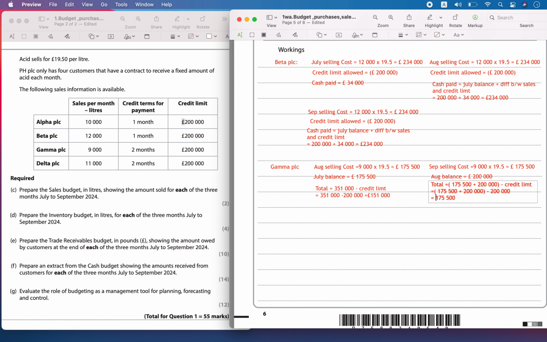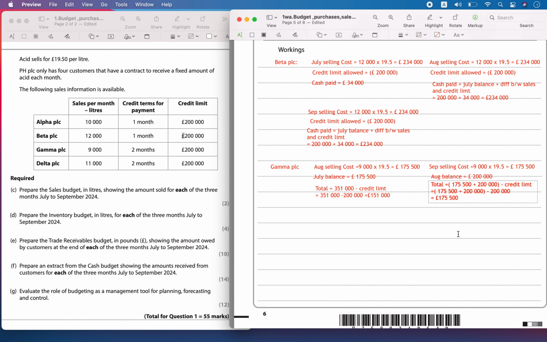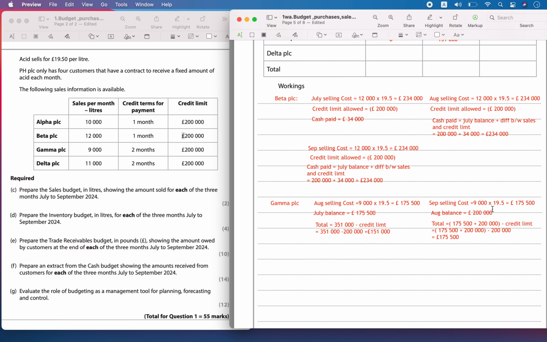So this much amount of cash they need to pay by the end of this month. So they would have paid 175,500 amount of cash in September.